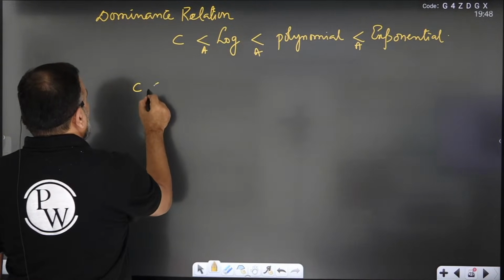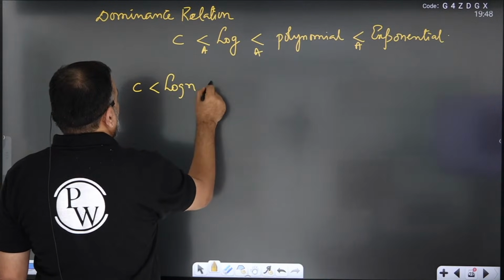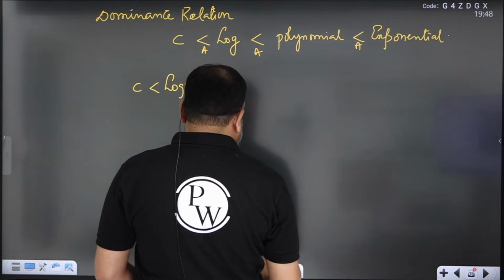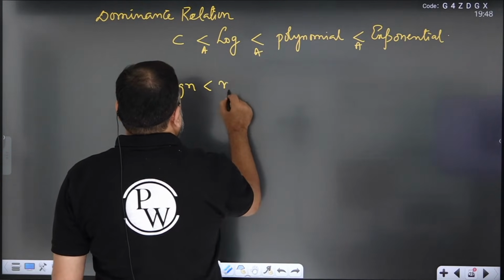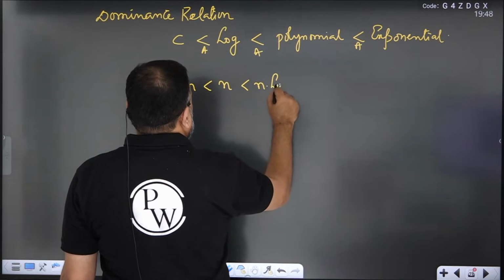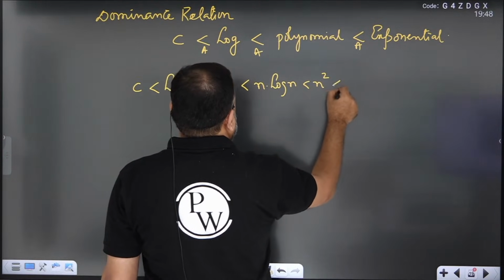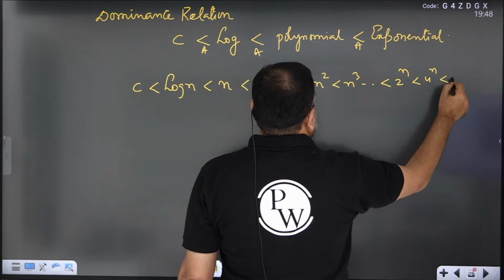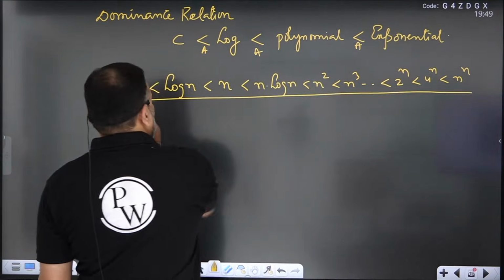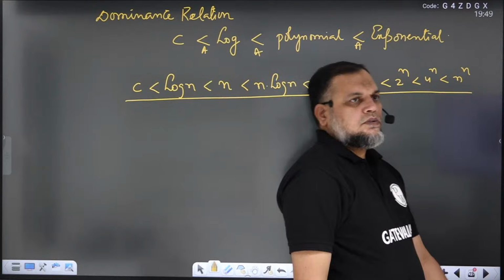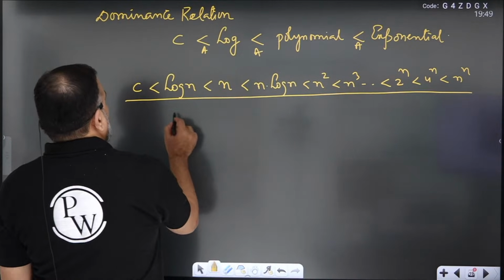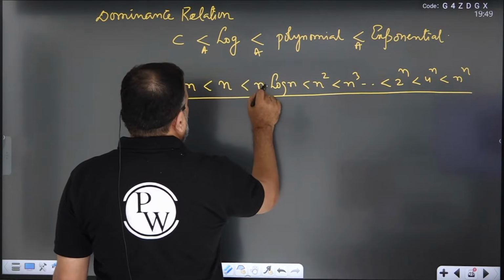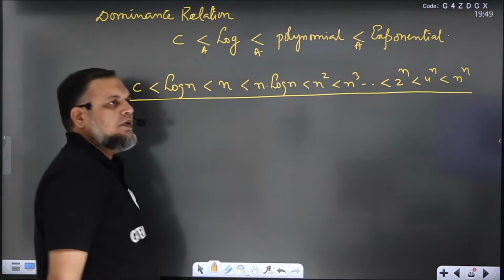For example, any constant is less than log n, less than n, less than n log n, less than n square, less than n cube, and so on, less than 2 power n, 4 power n, n power n. That is the dominance relation of the functions. Therefore, log n is order of n, is order of n log n, is order of n square, is order of n cube, in this way.